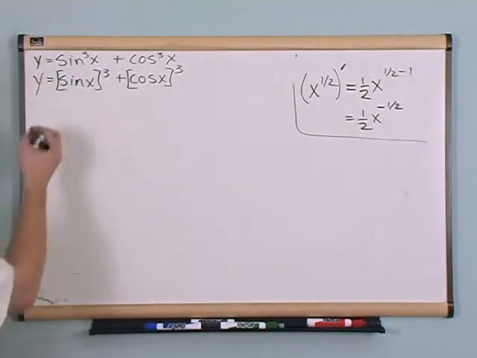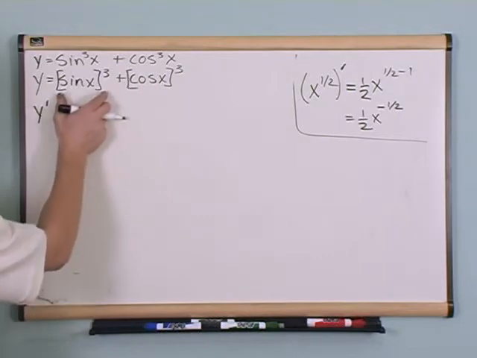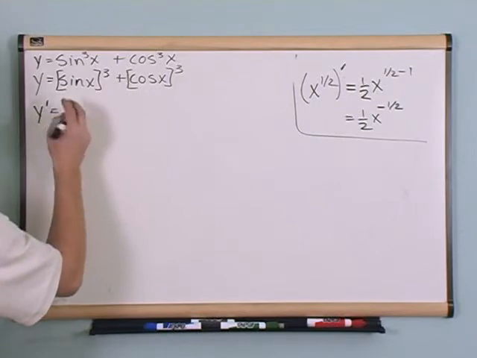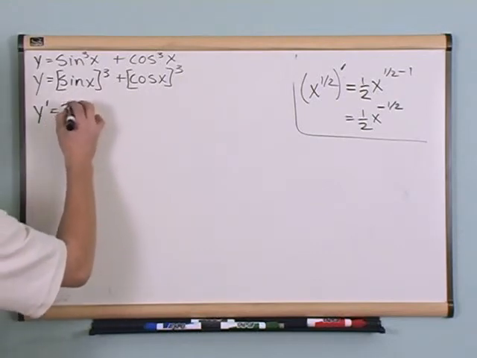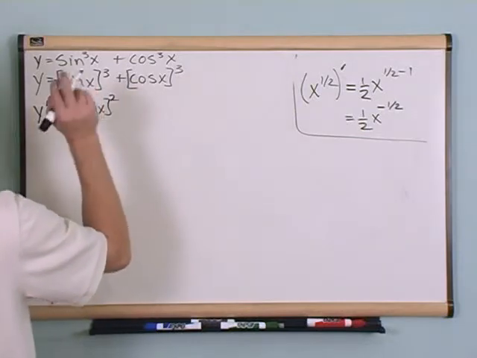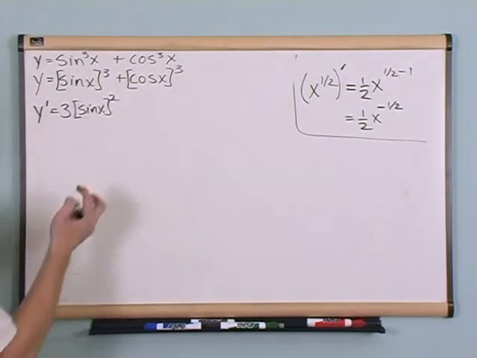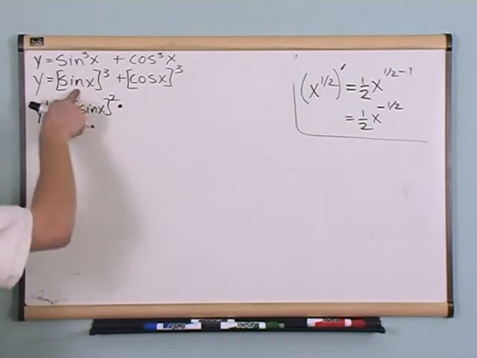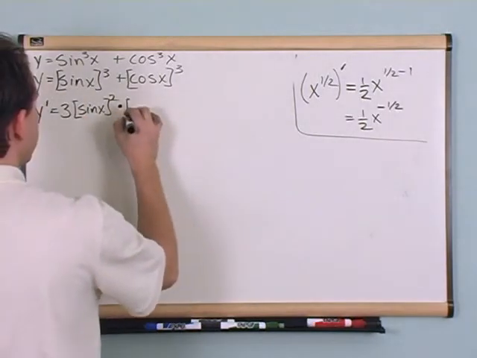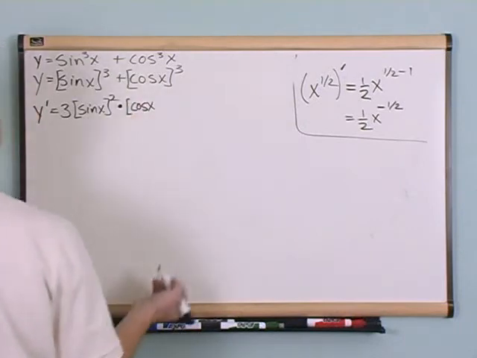Now, to take the derivative, I think you'll agree with me that the big picture function is that we're cubing something, and the same here. So if I take the derivative of this guy, I'm going to have 3 times the sine of x to the second power, because I have the exponent minus 1, but then I've got to multiply by the derivative of the inside. The derivative of sine is just simply cosine of x.